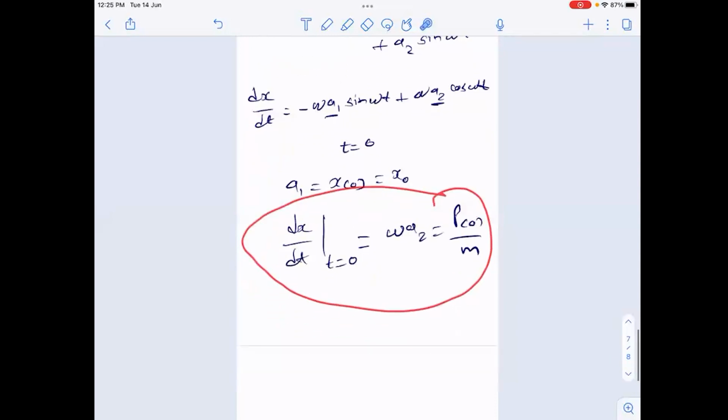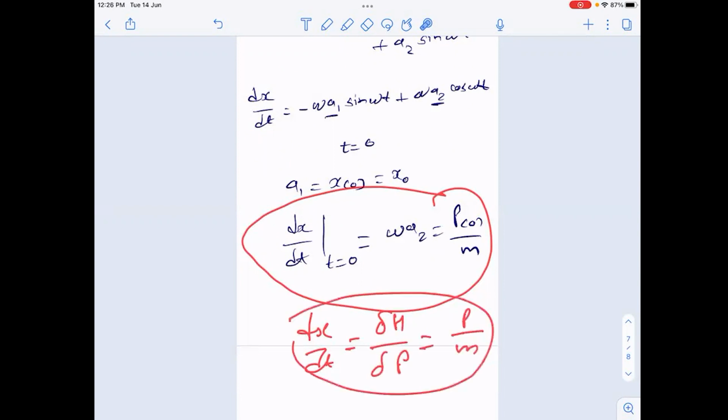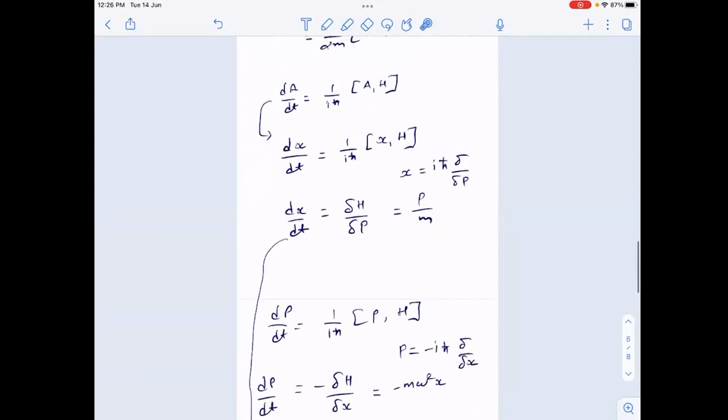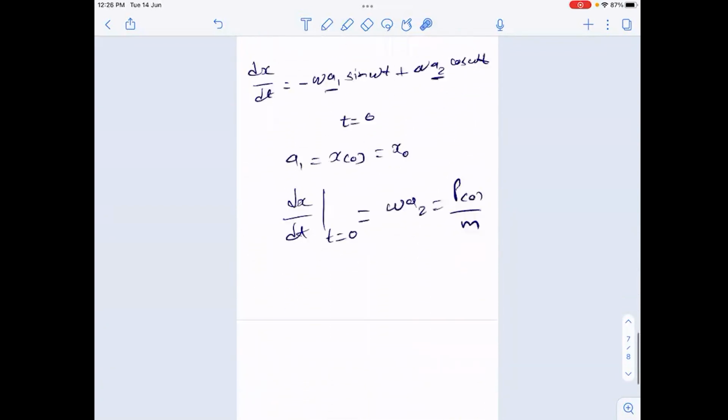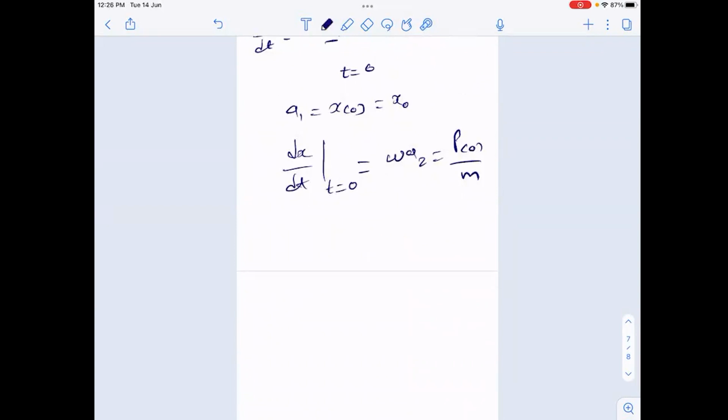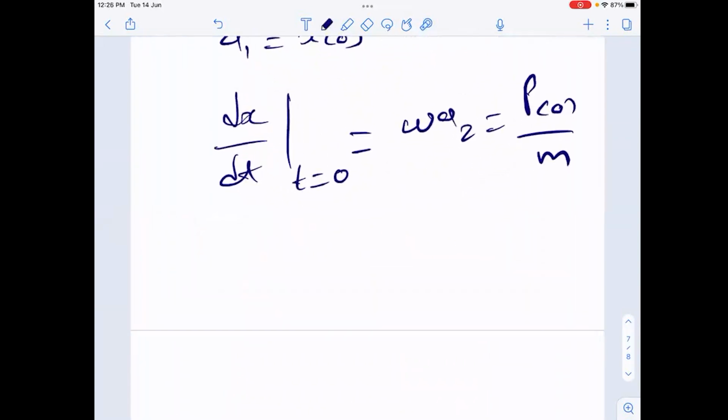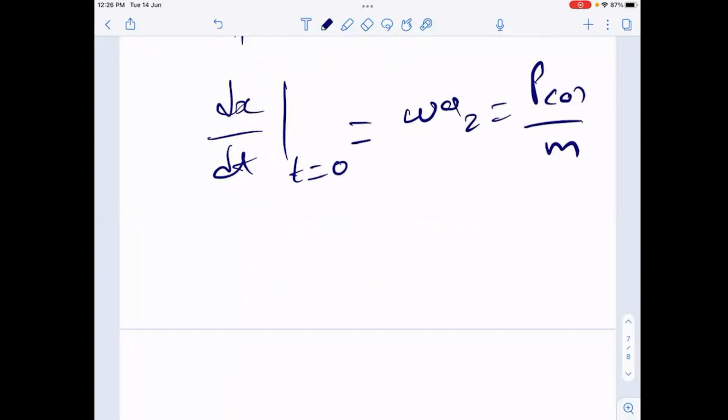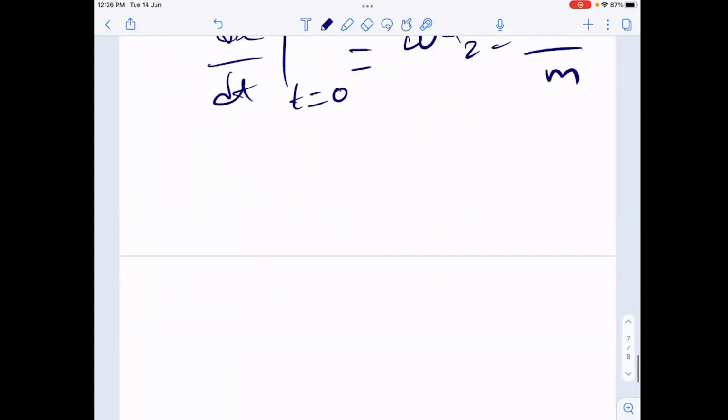It is from the dx by dt relation which we just did: del h by del p is equal to p by m. I am just going through some mathematical aspects which you can derive at ease by yourself as well.